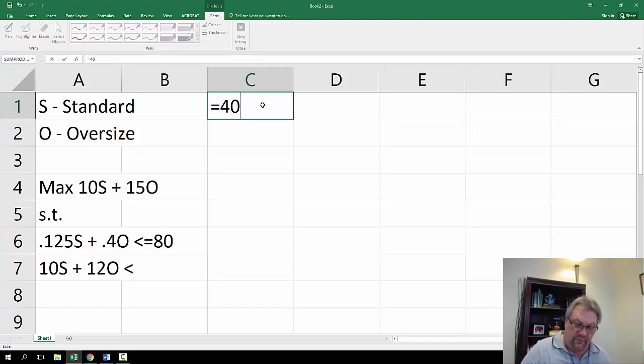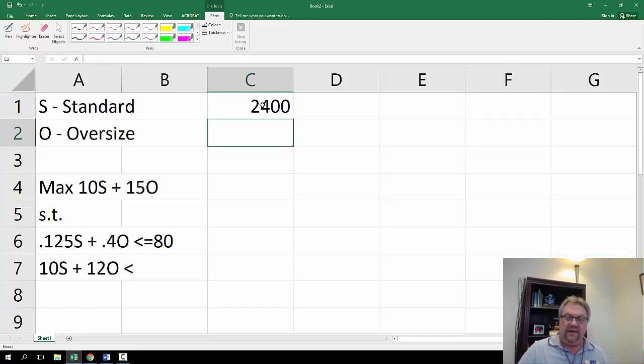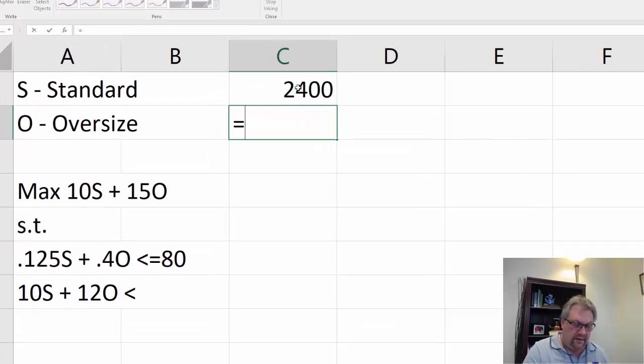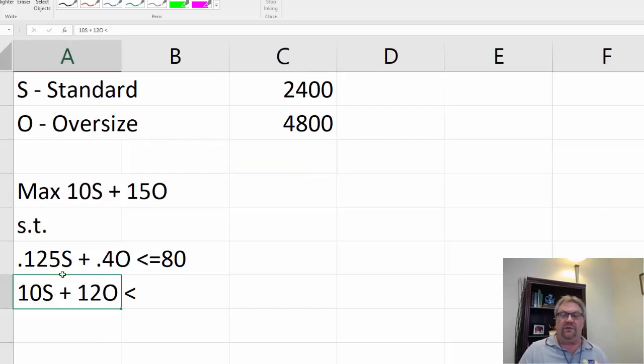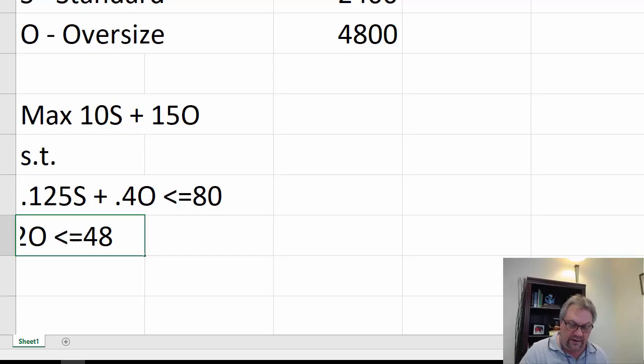So 40 times 60 gives me 2,400 minutes per week, and multiplying by 2 gives me 4,800 minutes over the 2-week period. So this manufacturing constraint should be 10S plus 12O less than or equal to 4,800.